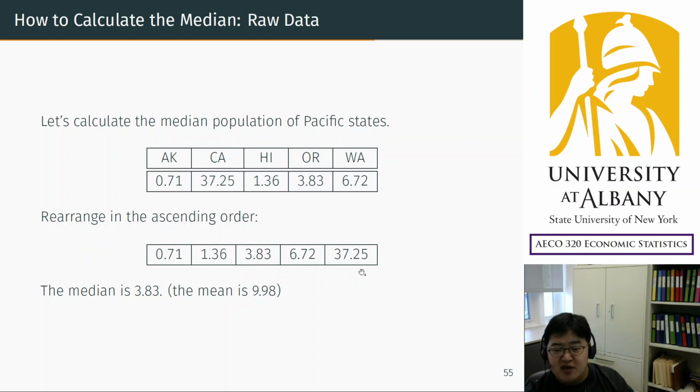There are 5 observations, then choose number 3. The third smallest observation is the median. By the way, the median is 3.8, but the mean is 9.9, right? So if you only have five observations, number 3 is the middle.